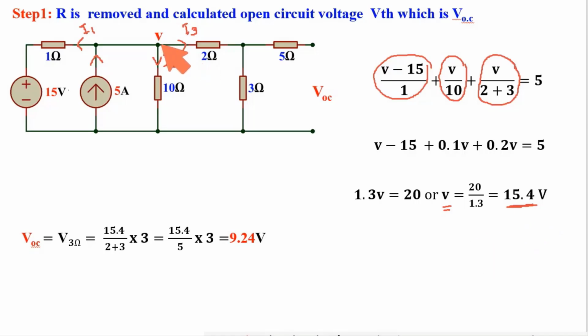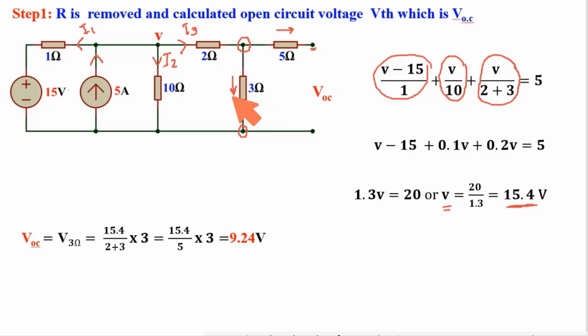This is potential at this point. Now what is VOC? VOC is potential at this point with respect to this point. Now this is open circuit, so no current is flowing through this path. So potential at this point is same as potential at this point. So VOC is equals to current flowing through this 3 ohm resistance multiplied by this 3 ohm.